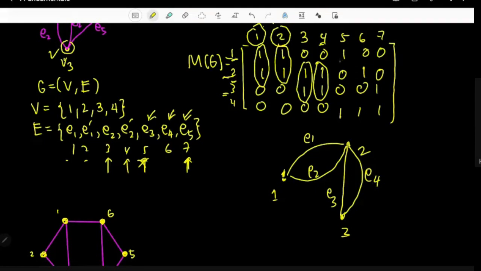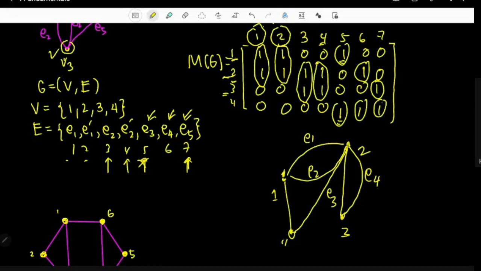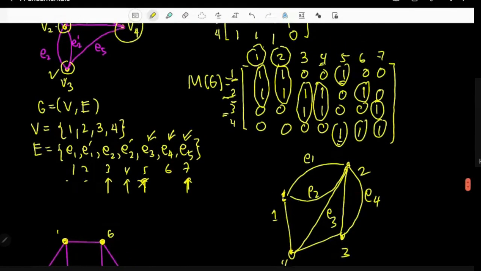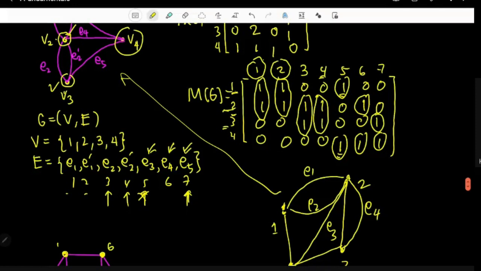Edge 5 is connecting vertex 1 and vertex 4. So there should be another vertex, let's say 4, connecting 1 and 4. Edge 6 connects vertex 2 and vertex 4. And then edge 7 connects vertex 3 and vertex 4. So we were able to construct back the original; they are isomorphic, right?